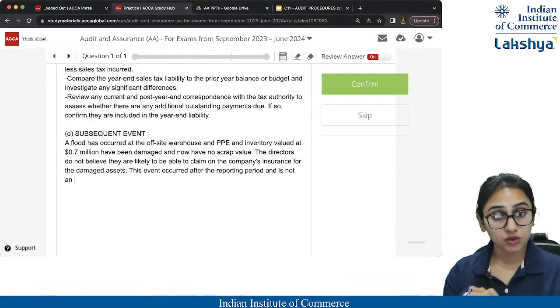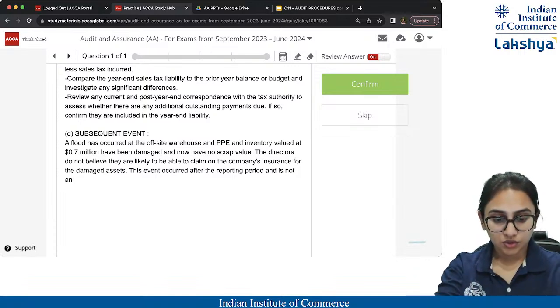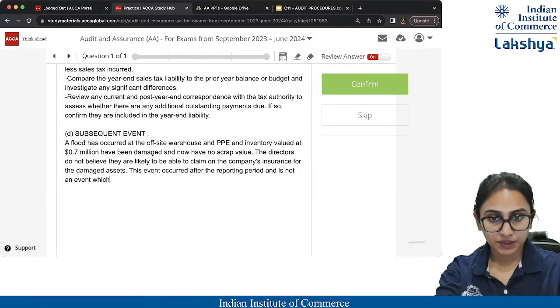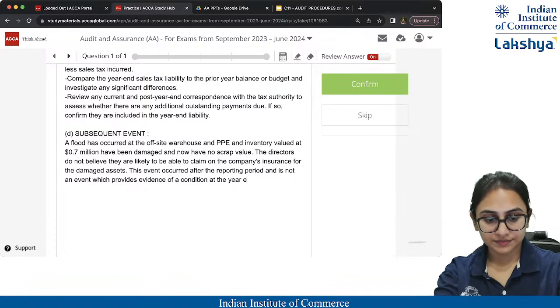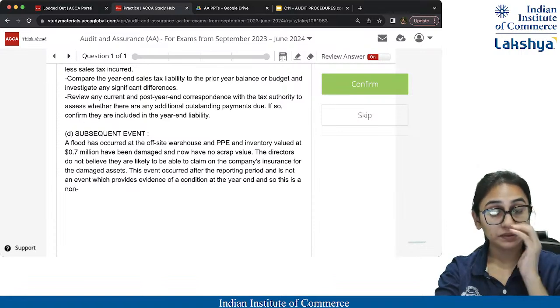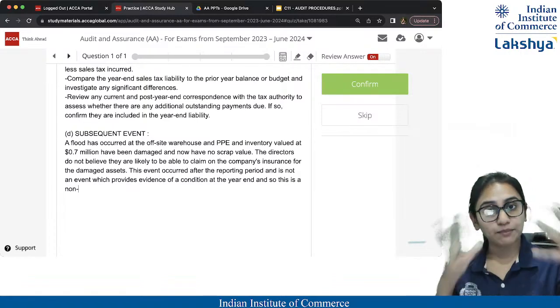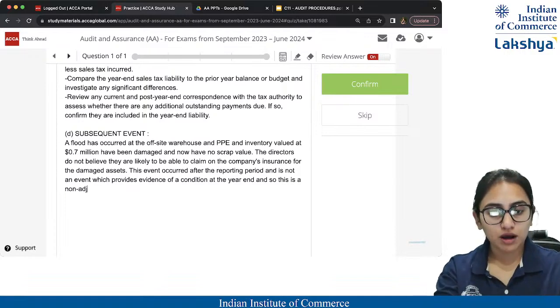That means it is a non-adjusting event, not an event which provides evidence of a condition at the year end, and so this is a non-adjusting event. That's what I told you at the beginning, and you have just elaborated and written it down for marks, obviously.